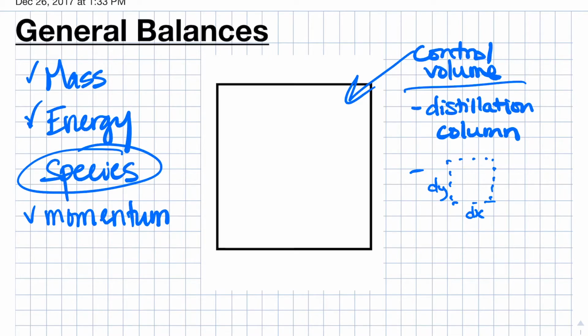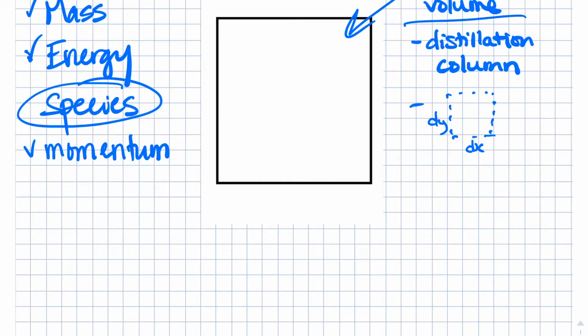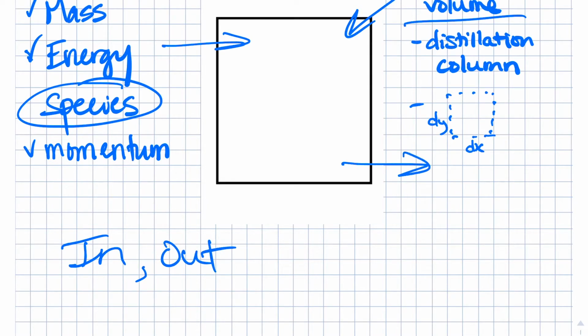So let's think about what could happen, right? I could have mass, energy, species, or momentum enter into this control volume, right? So things could go in. That also means things could go out of this control volume, right? If something can go in, something could also leave, or leave here, or leave here, like that.